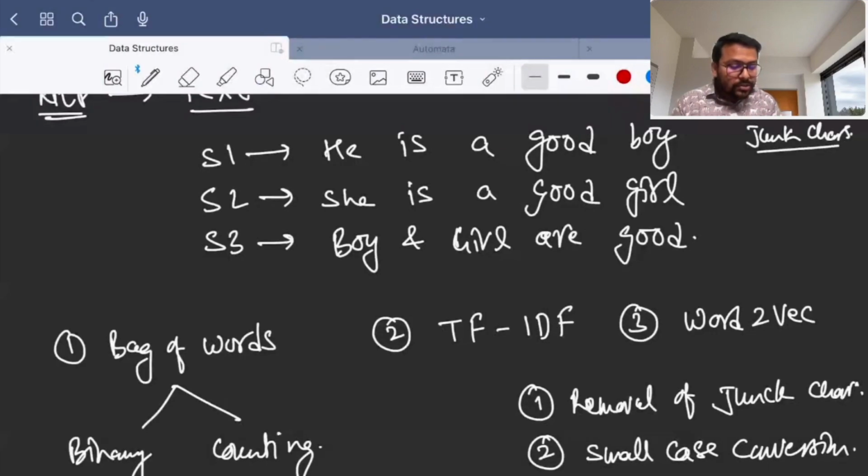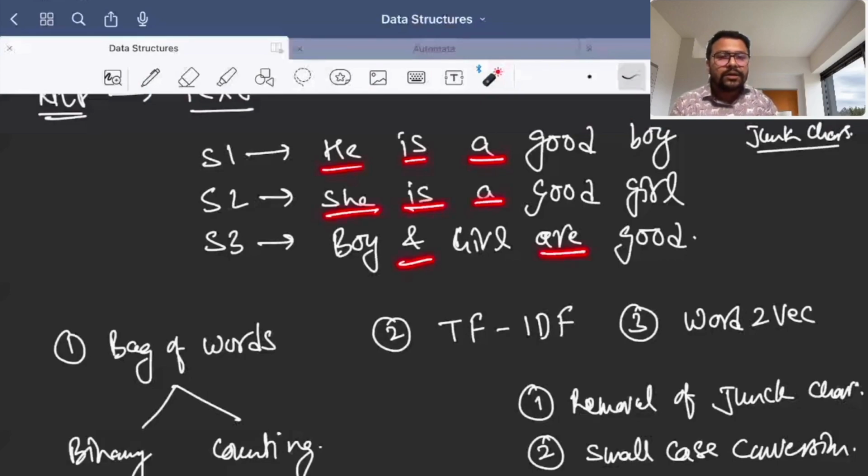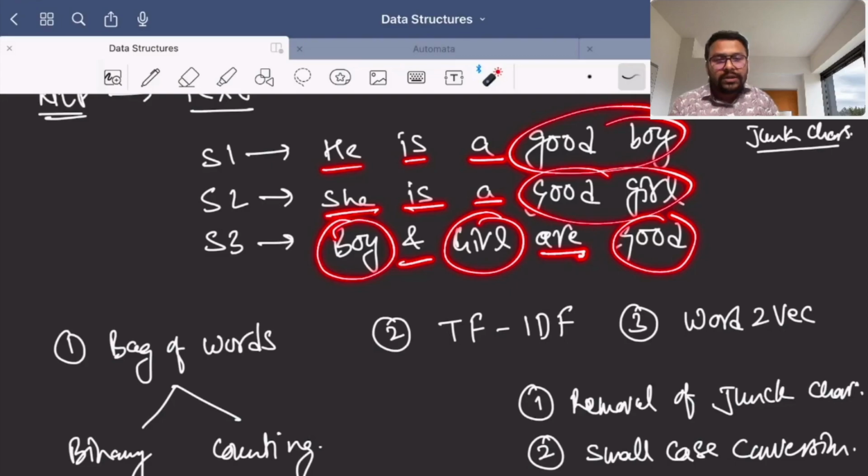So what is stop words removal? There are some words which do not contribute much to our sentences, like he, is, a, she, and, are. These words do not contribute to the meaning, only to grammar. So good boy, good girl, boy, girl, good can also give us the same meaning.